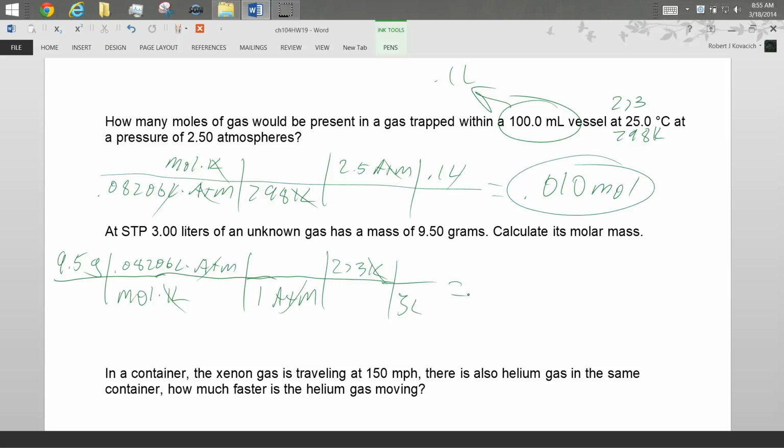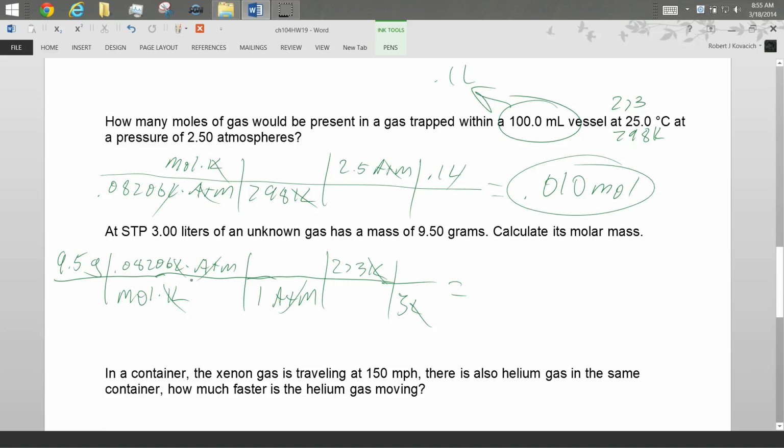Huh. Why does that not look right? The liter unit cancels.